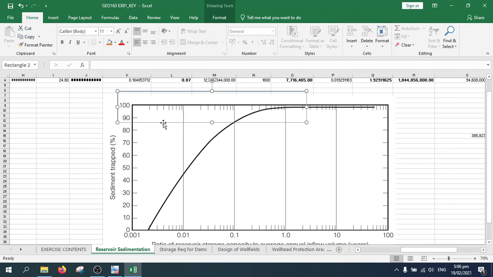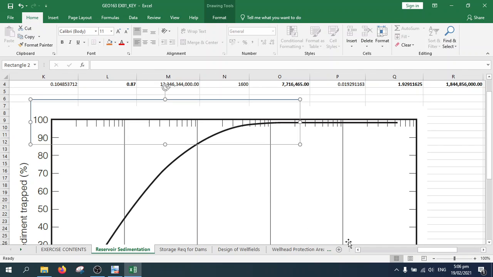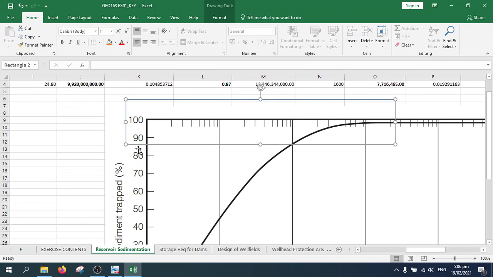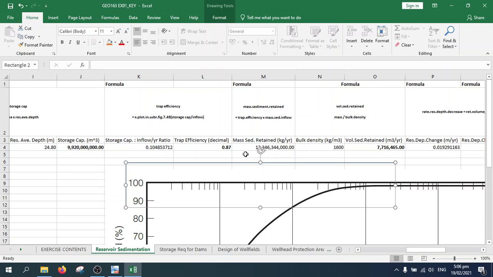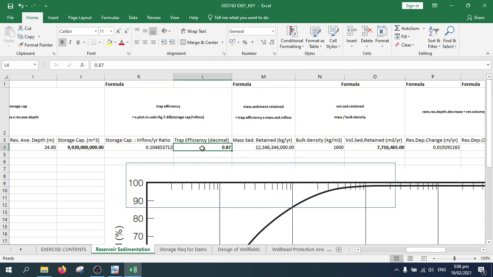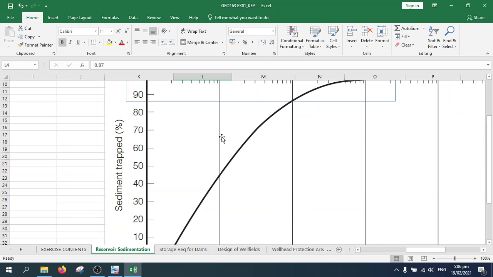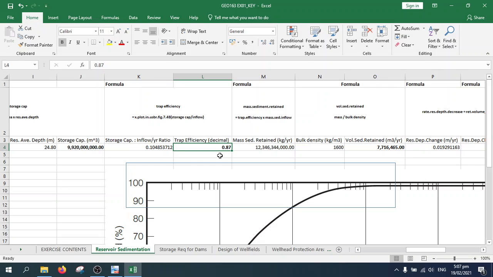And if you read it here on the y-axis, I'm getting a value that's somewhere between 90 and 80. All right, so it's a little bit above the halfway point, so it's approximately 86 or 87%. So that is the value of the trap efficiency, around 87% or 0.87.